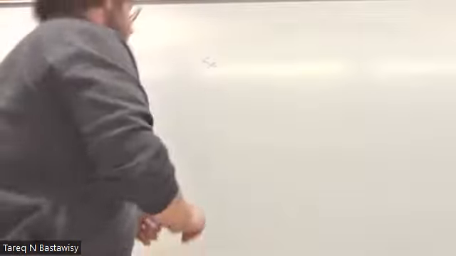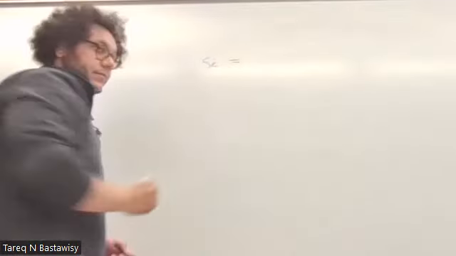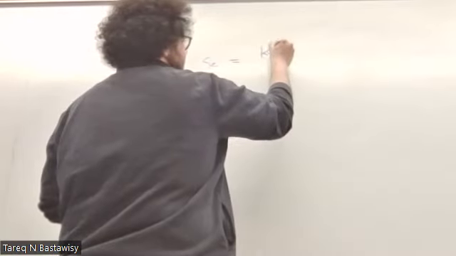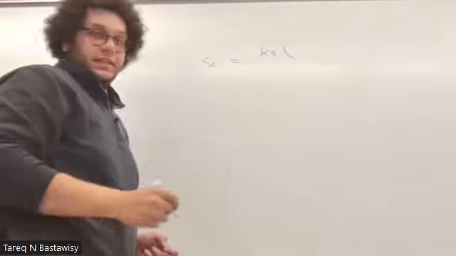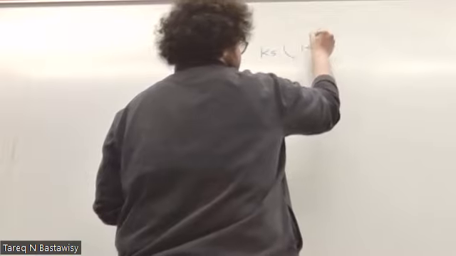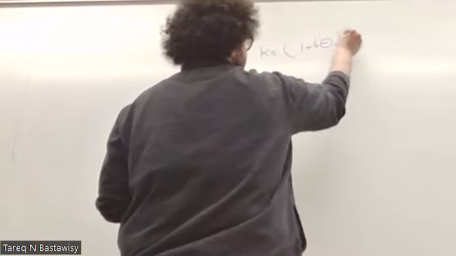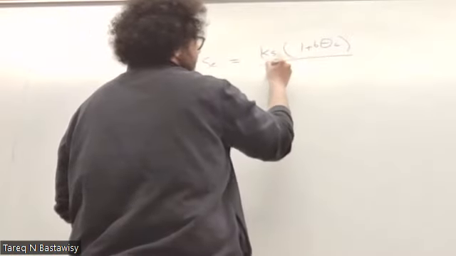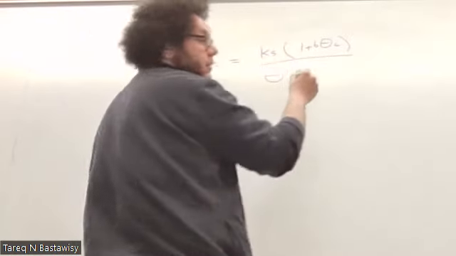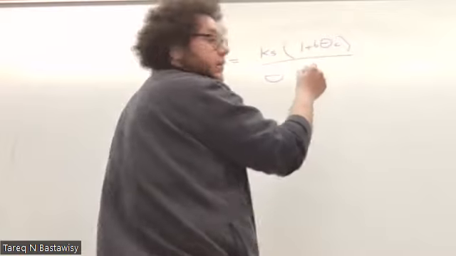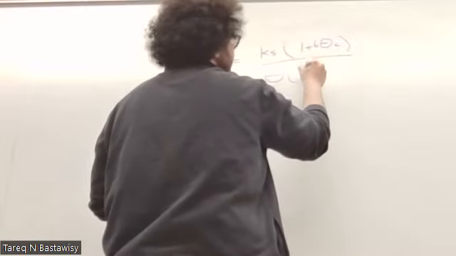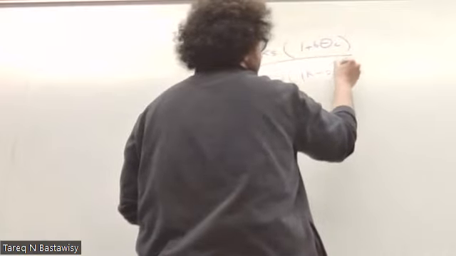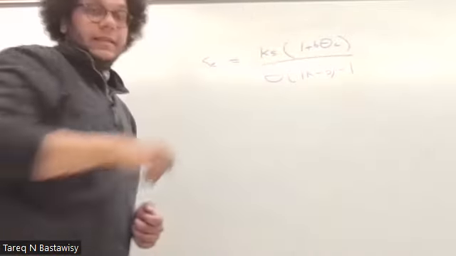Whenever you see that, the first equation that should come to your mind is SE equals K times (1 plus B theta C) divided by (theta C times YK minus B).